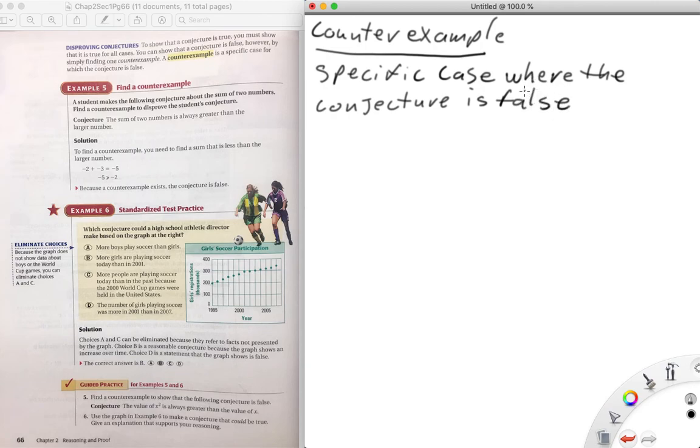So a counterexample is finding some type of evidence or some type of scenario in which whatever the initial conjecture is, the educated guess, is wrong, trying to prove it false.